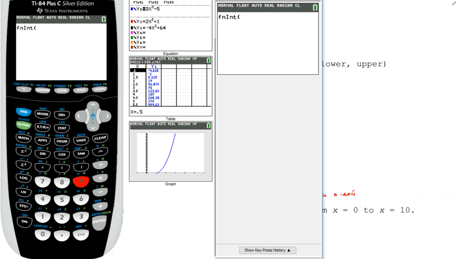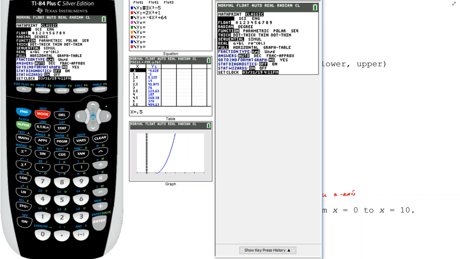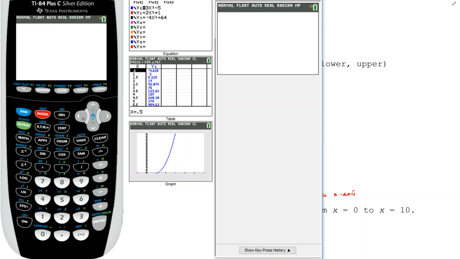And as you can see in your notes, the first thing we're going to put in is the y1, comma, which is over the 7, then our x, comma, and our lower value, which in this case on this integral is 0, comma, and the upper value on this integral is 3, close the parentheses, and we still get that 45.75. Very few of you have the calculators that use this notation, but I know 1 or 2 of you do. So I'm going to go back to the Math Print so it'll be set for my next one.